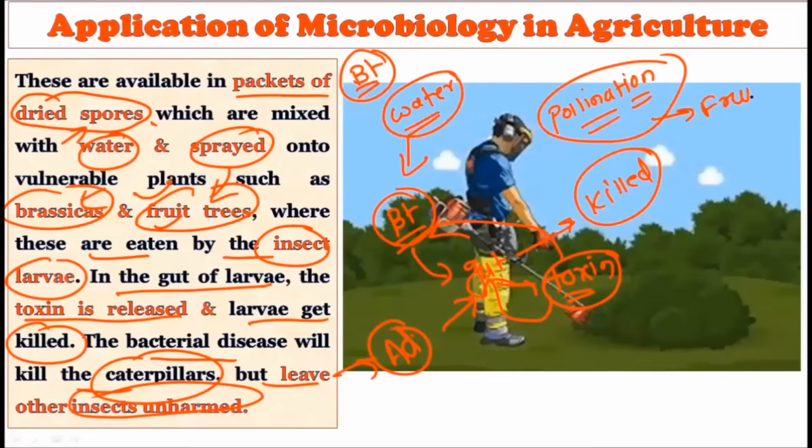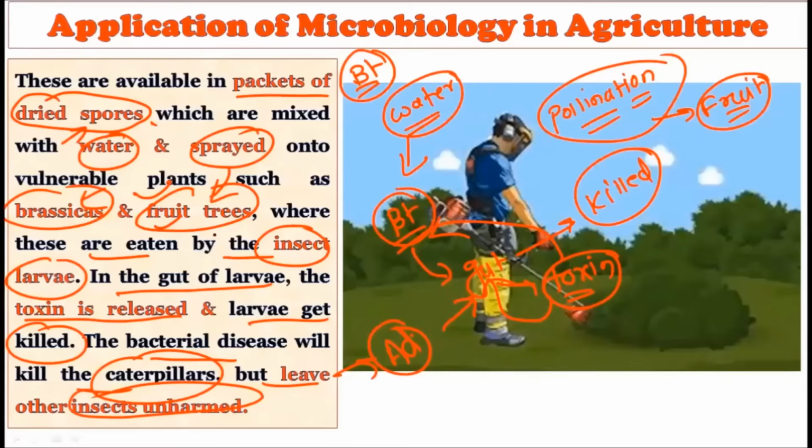So other pollinators must be saved from Bacillus thuringiensis, and it has this particular ability to kill only the caterpillars. When they reach the gut of these caterpillars, they release a particular type of toxin, and after producing the toxin, the caterpillars die. In this way, we can save the yield of the fruit trees or the brassicas by spraying the dried spores of Bacillus thuringiensis mixed with water.